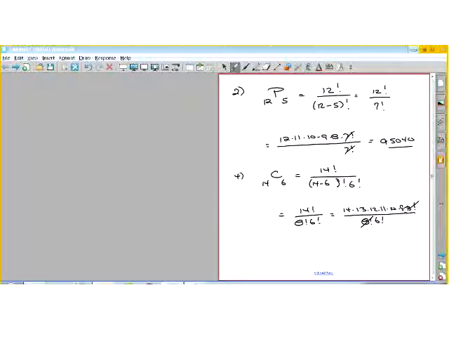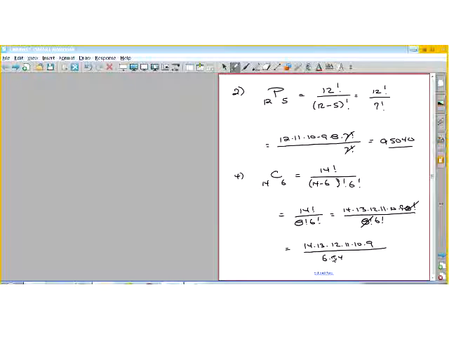So that quotient becomes 1. We're left with 14 times 13 times 12 times 11 times 10 times 9 divided by 6 factorial.